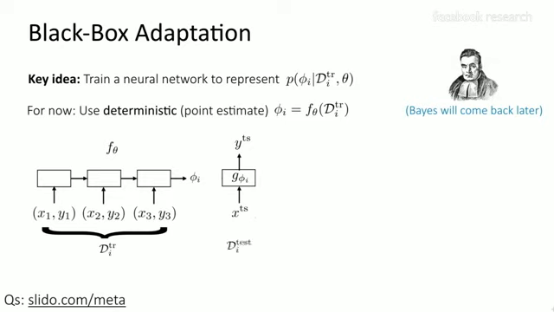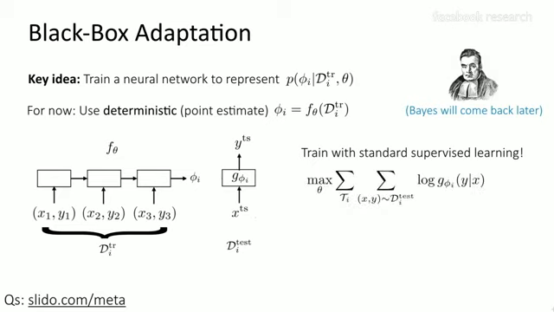And so these are going to be the data points from D test. OK, and then once we have this model, we can train it with standard supervised learning. This is just a standard recurrent neural network. So we can train it to maximize the log probability of the labels of the test data points given the test inputs. And we can do this optimization across all of the tasks in our meta-training data set.